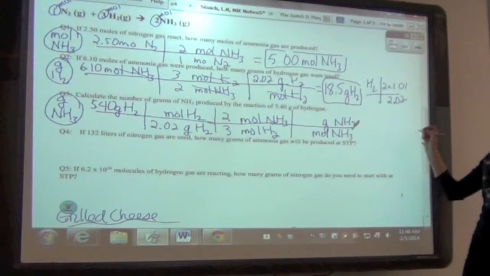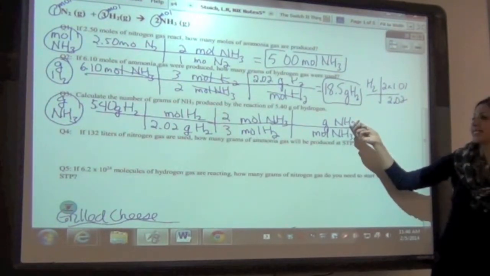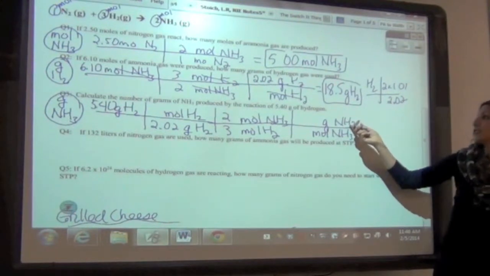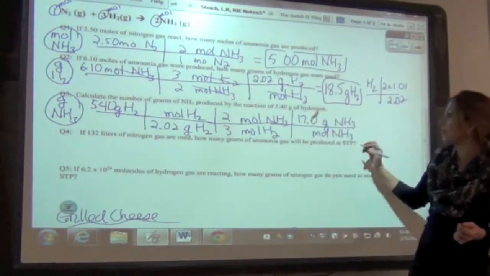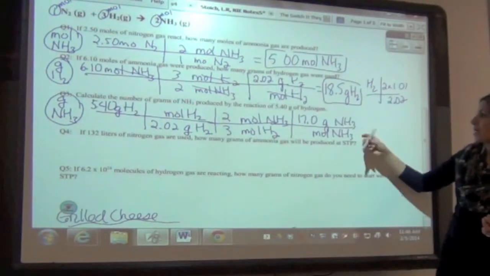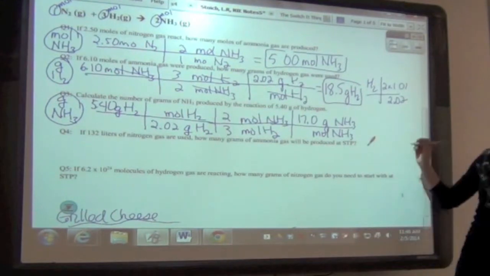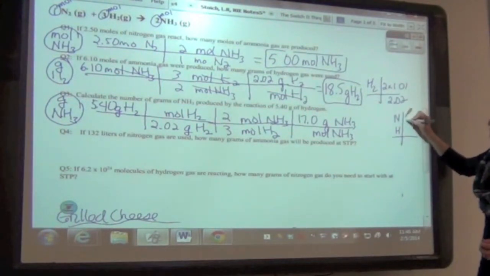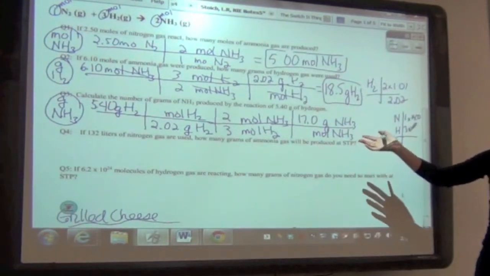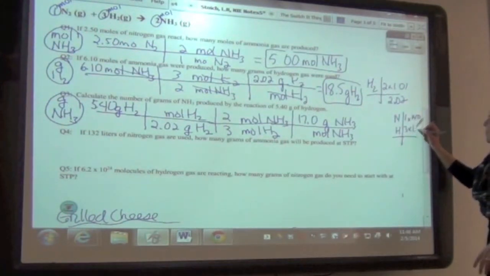We need to L chart this. Nitrogen's mass is, anybody know it already? 14. Let's see, 14, and each hydrogen is 1, so times 3 is 3, so we've got a total of 17.0 grams per mole. 14 for the N, and 3 H's, each one's a 1. You can use 17, it's not going to make a difference, because we're only going to do 3 sig figs anyway, it won't make that much of a difference on this one.